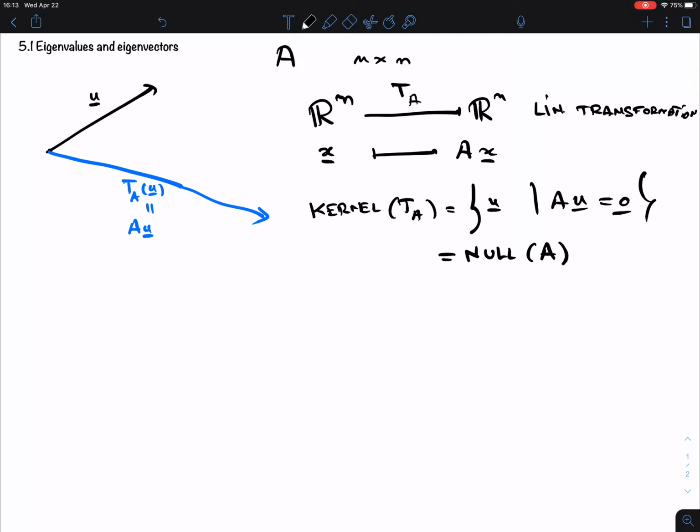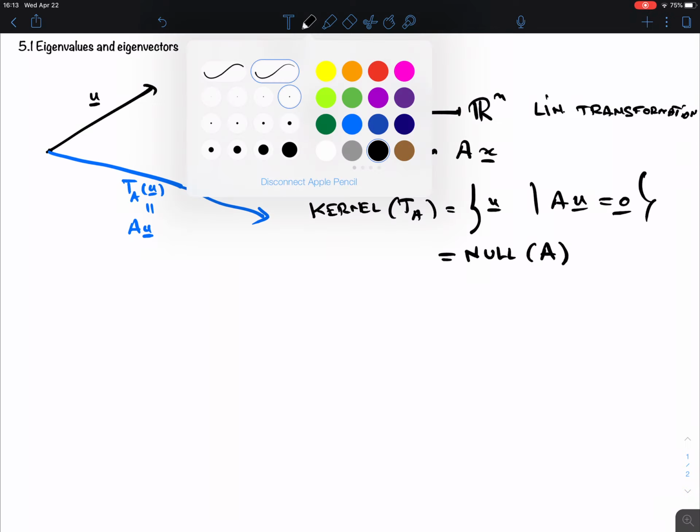Now we're going to be interested in a different type of behavior. What if the blue vector is not a zero vector, but in general could be anywhere, and I want it to be in the same direction as u? Not necessarily equal to it, but in the same direction. That's what we're going to call an eigenvector.